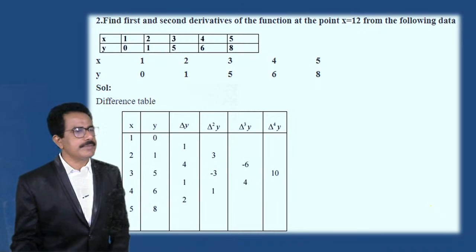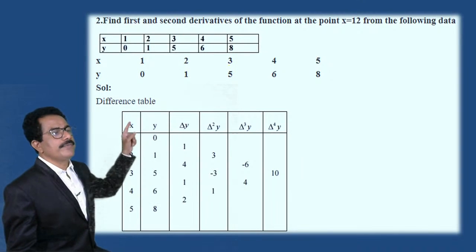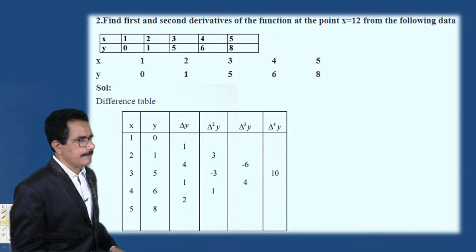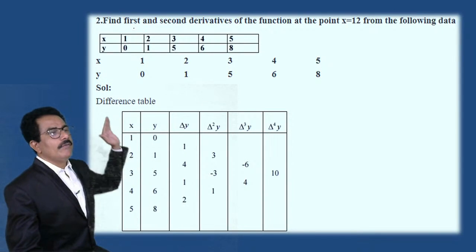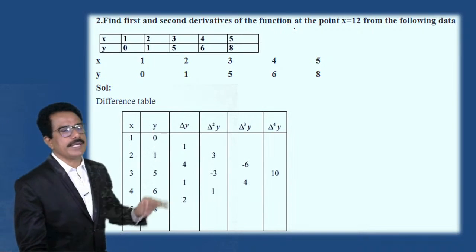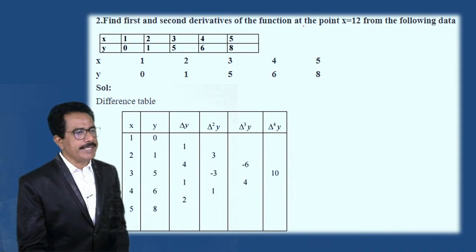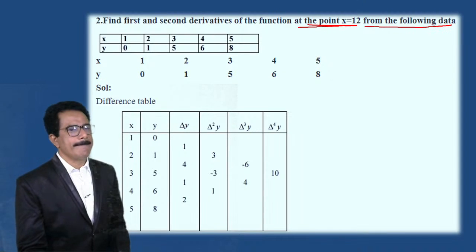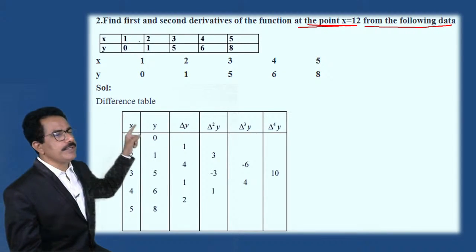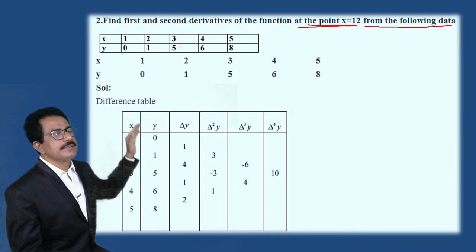What is the second problem here? Find first and second differences. Find the first and second differences of the function at point x is equal to 12 from the given data: x, y: 1, 0; 2, 1; 3, 5; 4, 6; 5, 8.